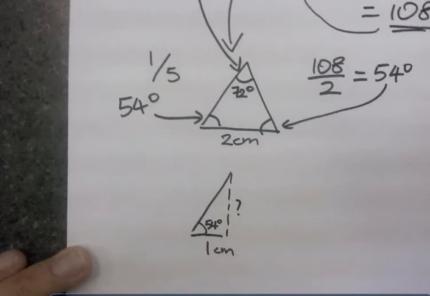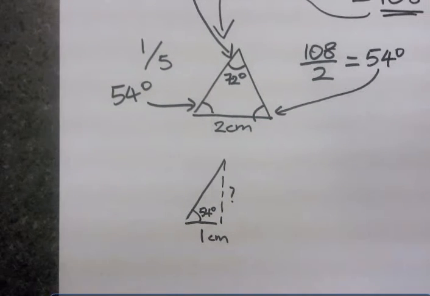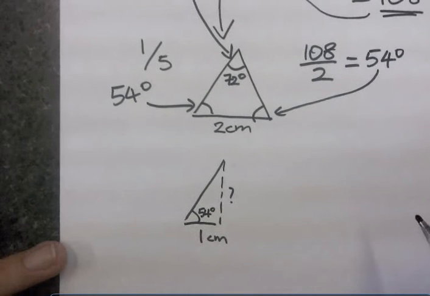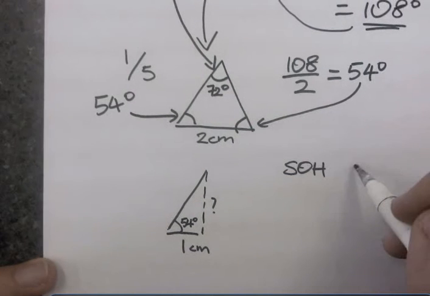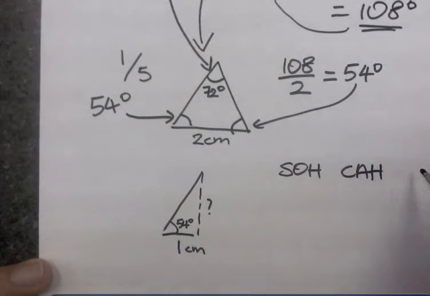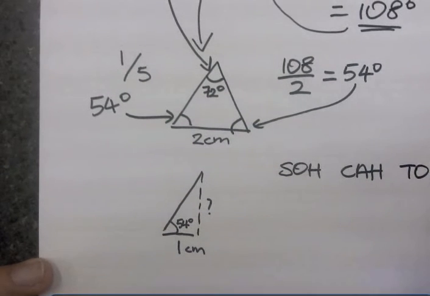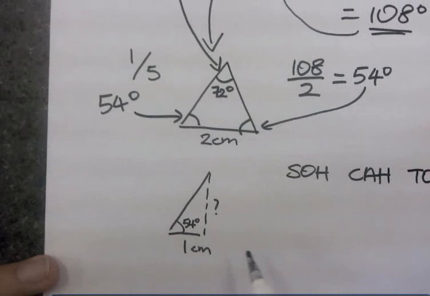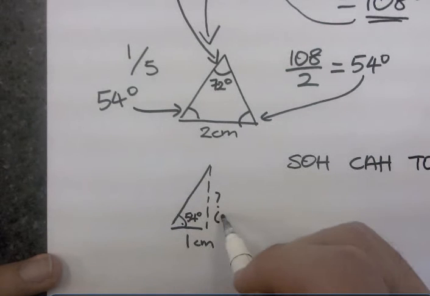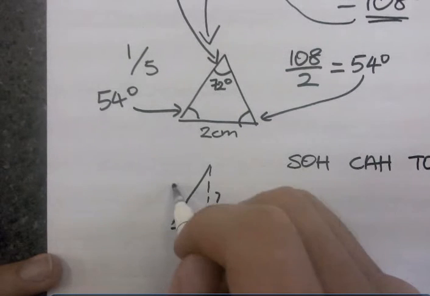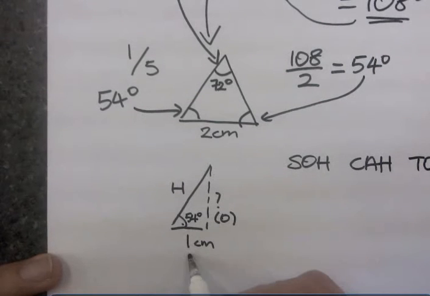To find the unknown length, you would need to use trigonometry, and that is going to be within SOHCAHTOA. So if this angle is the main angle that we need to use, this will become opposite. We know hypotenuse is the longest, and we know 1 to be adjacent.